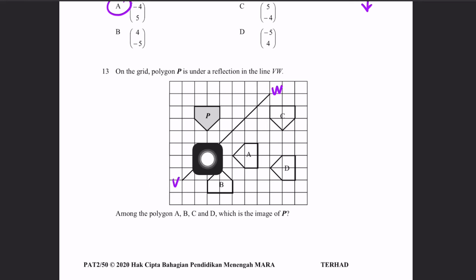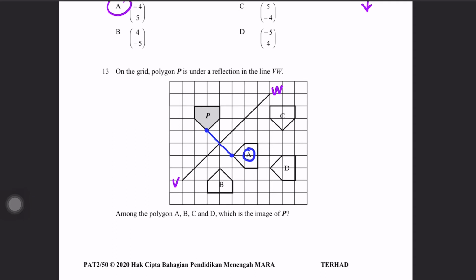Ini anggap cermin lah, padahal kita panggil ni line of reflection, tapi kita anggap ni cermin. Saya suka arahkan point ni ke arah cermin. Satu unit kan. So dia akan reflect satu unit juga. Jumpa di sini. So kita tahu A lah jawapan dia.